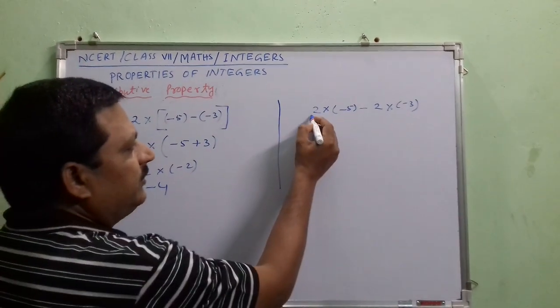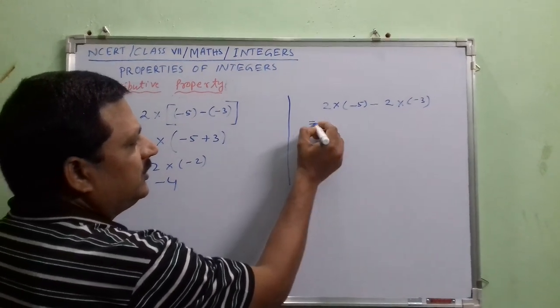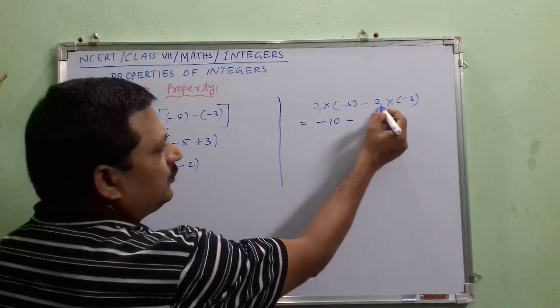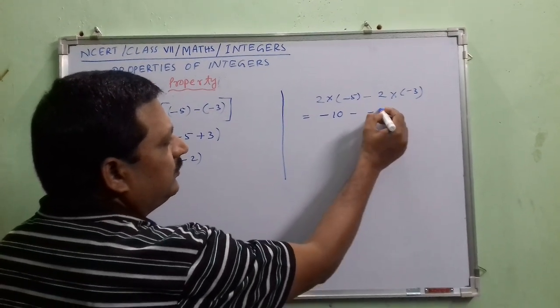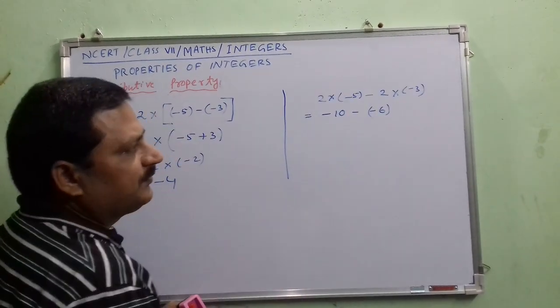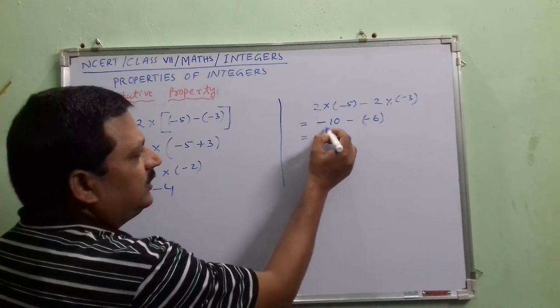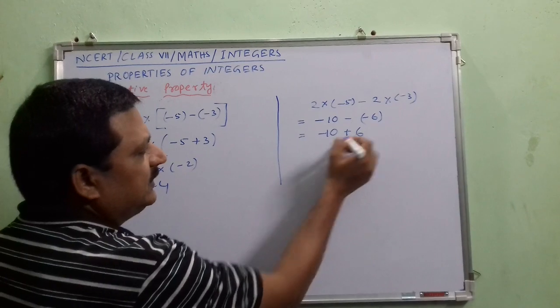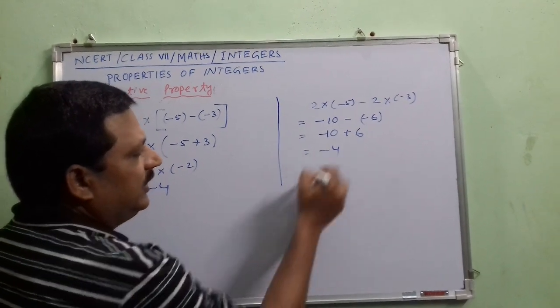Now, 2 into minus 5 is minus 10, and 2 into minus 3 is minus 6. So minus 10 minus minus 6, again plus 6, is equal to minus 4.